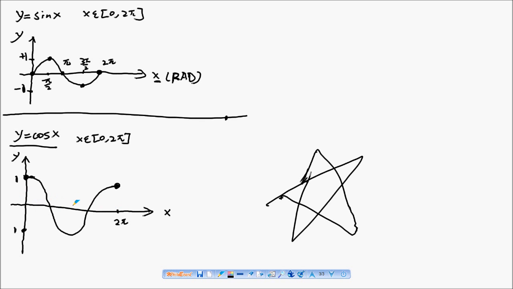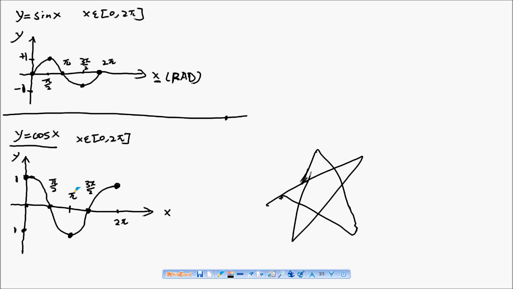At the midpoint, when x is pi, we have our minimum point. Between the maximum point and the minimum point is pi on 2, and we have one of the x-axis crossings, and the other x-axis crossing lies between pi and 2 pi, which is 3 pi on 2.